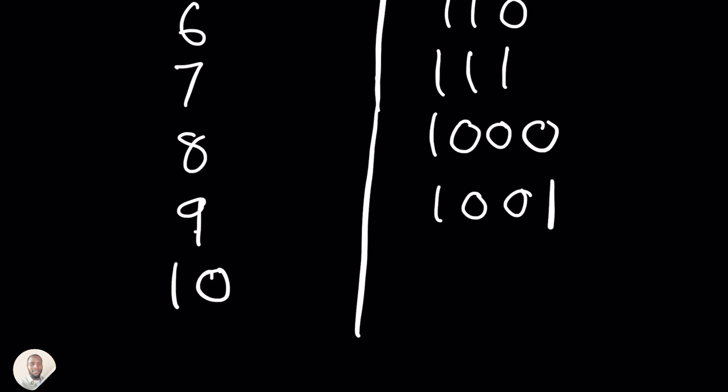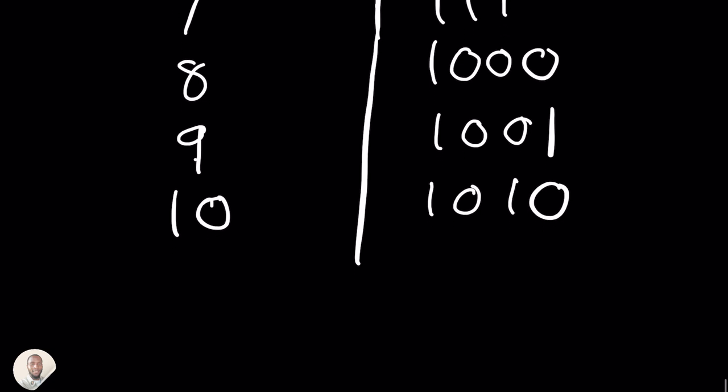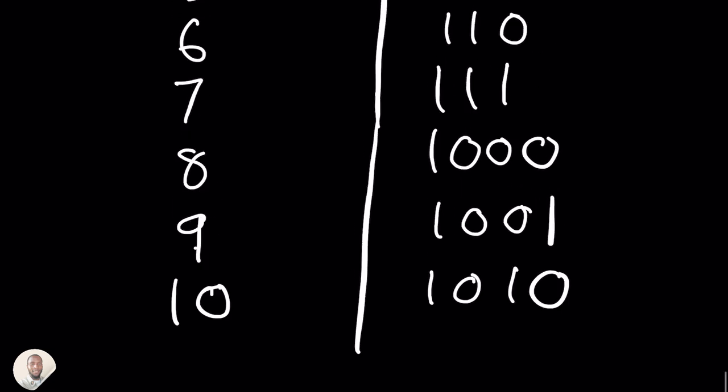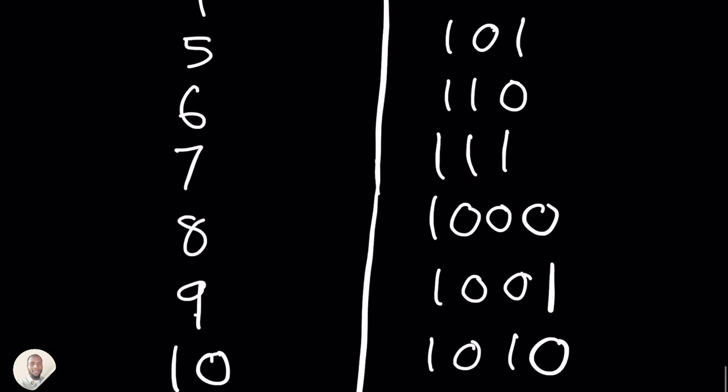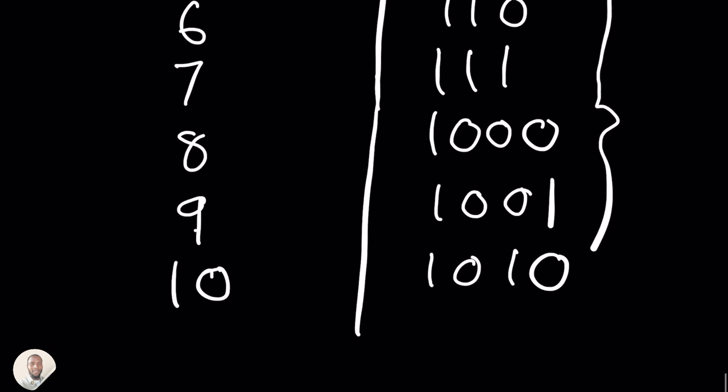Then for base 2, after 1001 you have 1010. Now notice that in binary base 2 we only use 0 and 1. I've told you severally, we only use 0 and 1. When we reach 2 in decimal, it becomes 10 in binary, because we carry over when we run out of digits, just like we do in decimal after 9.